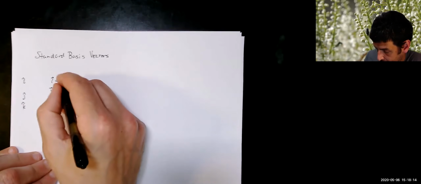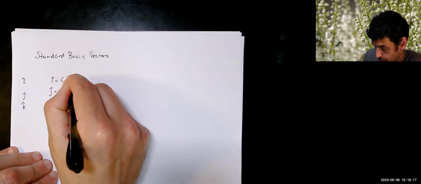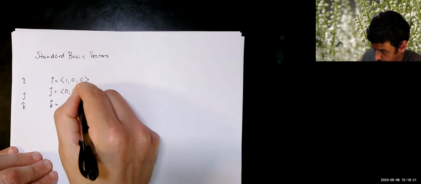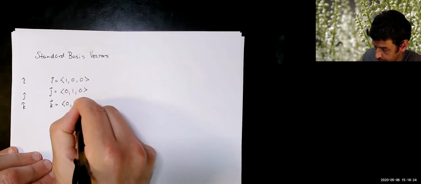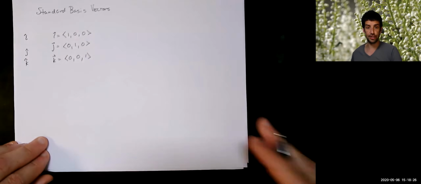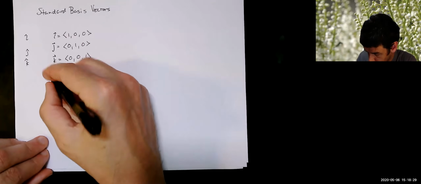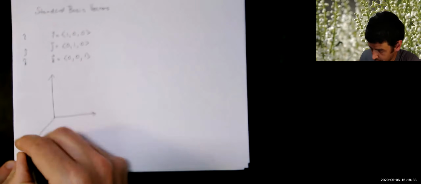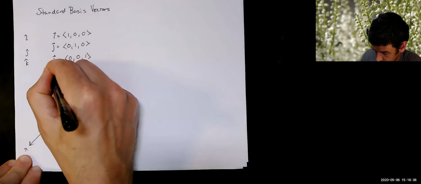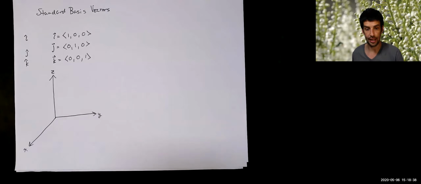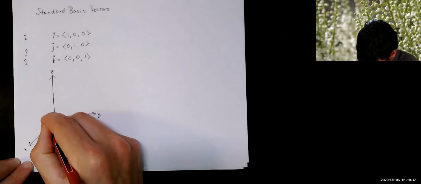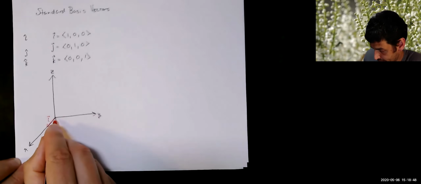So I, J, and K: this is the vector 1, 0, 0. This is the vector 0, 1, 0. This is the vector 0, 0, 1. Geometrically, if we think about our three-dimensional space, X, Y, Z, then I hat is the vector that moves one unit out on the x-axis.